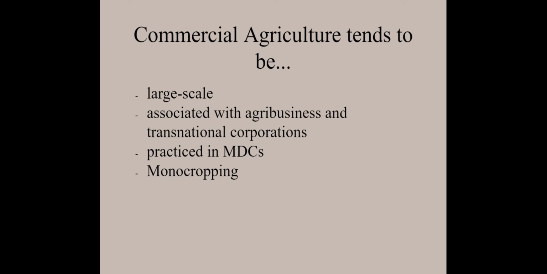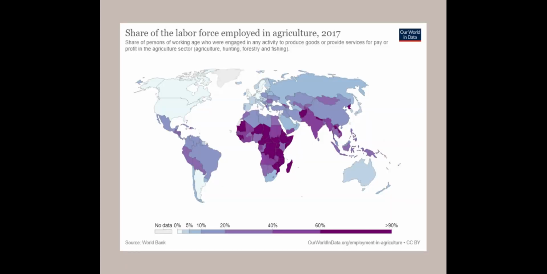They're practiced in more developed countries, and they are also associated with monocropping, which is what we call it when you grow lots and lots of one thing. We're going to watch a video in class that covers commercial agriculture pretty well and gives you a lot of different visualizations of what we're talking about.